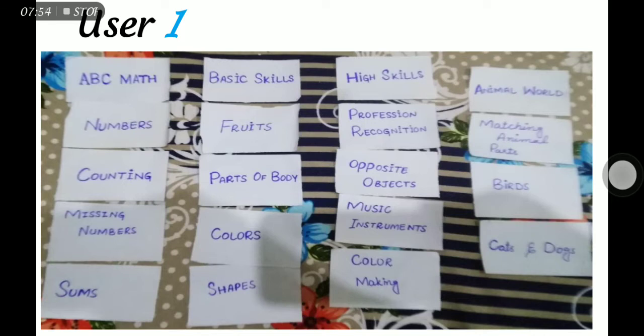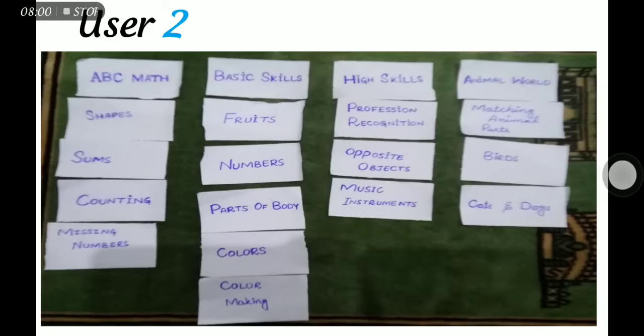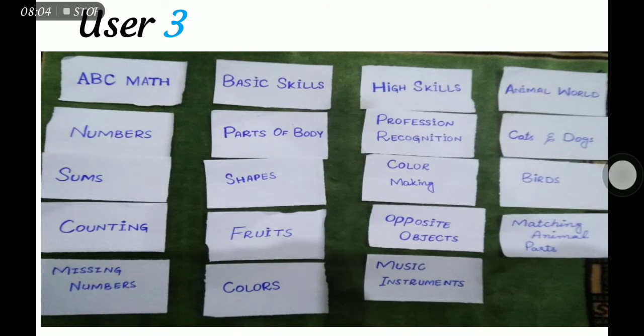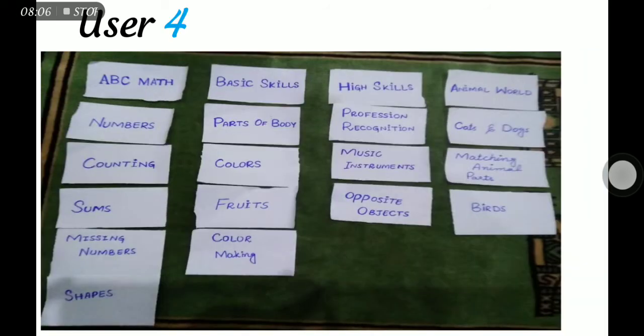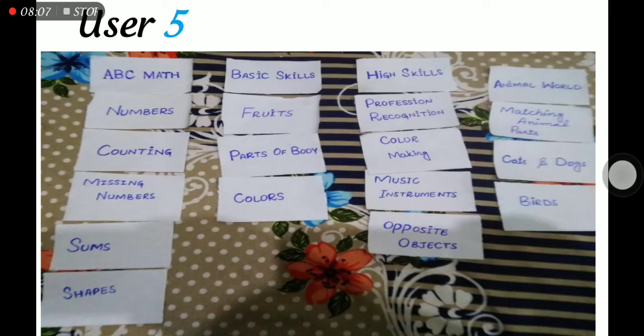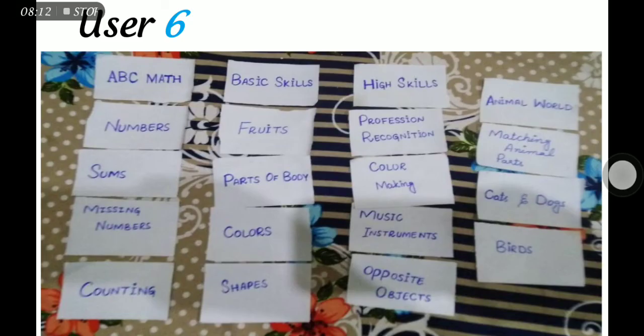So user 1 sorted like this, user 2 like this, user 3 like this, then user 4, user 5, and user 6. All the users sorted the cards according to their own perception and their own learning through the application.